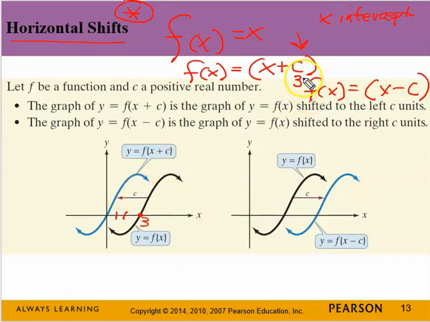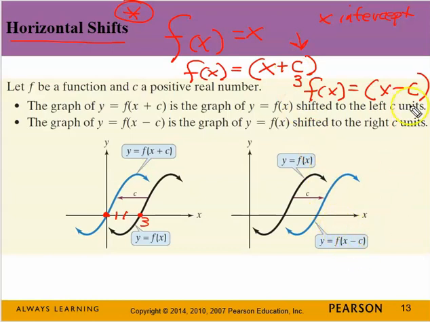But that's the tricky part. It's not that. It's the opposite sign of this. It's going to move that x-intercept over 3 units this way. So whatever that constant is, I'm just using 3 as an example. So horizontal shift takes it horizontally, the opposite sign of what you see here.